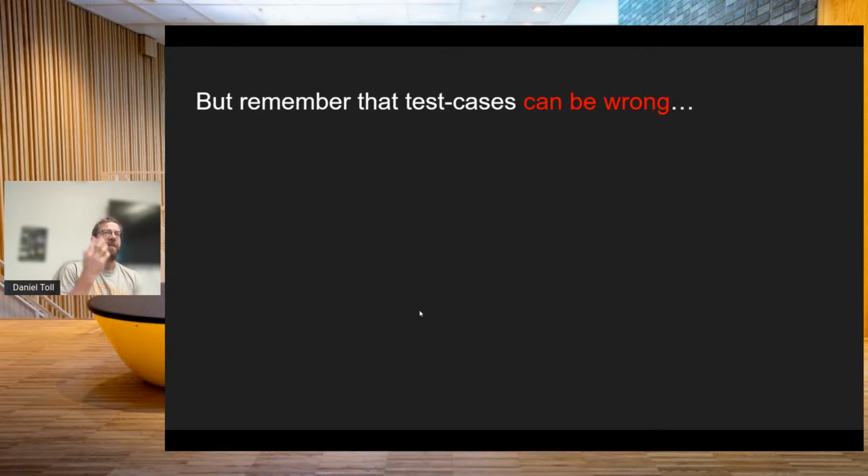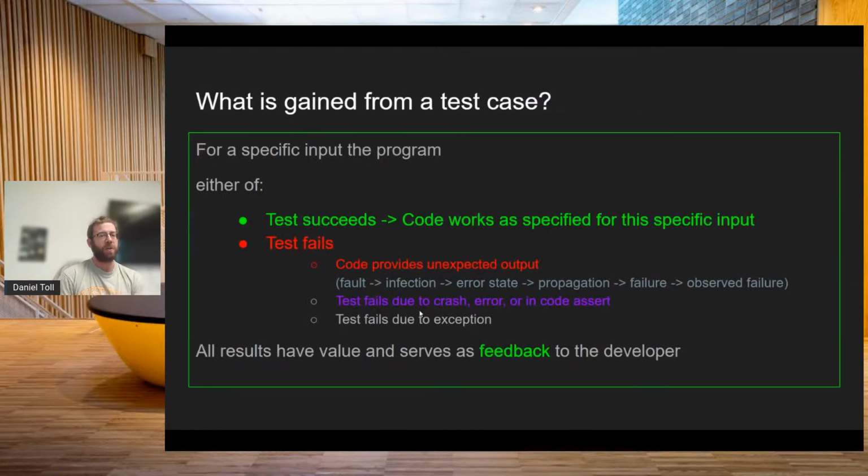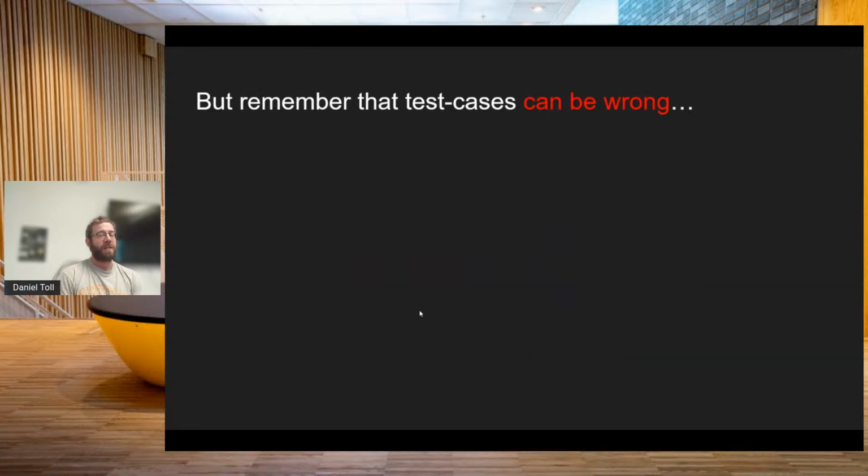But things are never simple. So I think this one is super important for the first assignment, because you know that there are faults in the code that you got, which means that in order to have good tests that are actually telling you the truth, where you can use this information, you need to know also that your test is good. So a test case can be wrong.